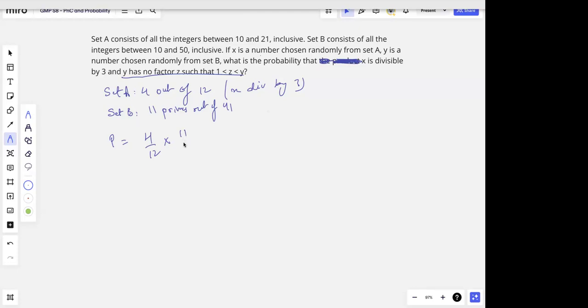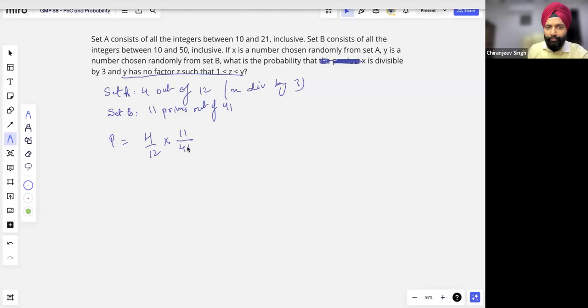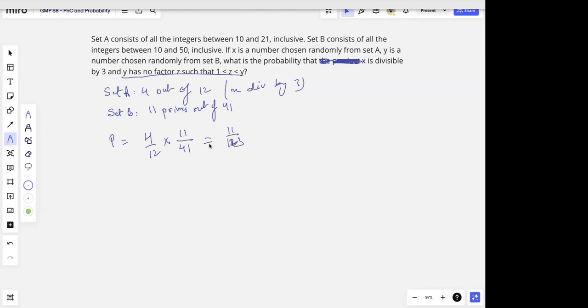Anyway, X would be divisible by 3. So 4 by 12 into 11 by 41, that is 11 by 123. This is just 1 by 3 into 11 by 41. That's what you're saying? I'm just thinking whether 11 by 41 would be required or not, because you mentioned X is divisible by 3 and Y. Yes, sure. Okay.